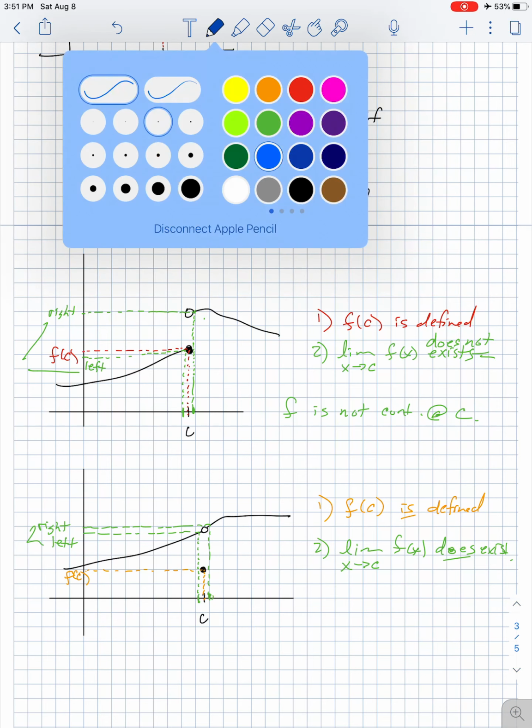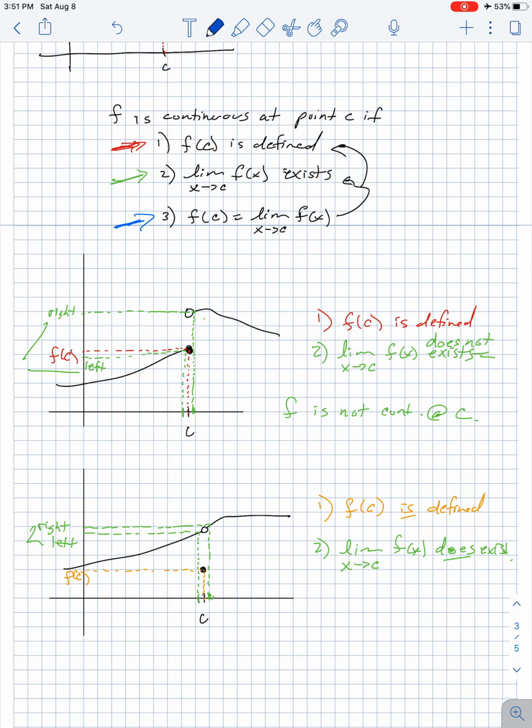Okay, so that leaves us the third step in the definition. Are these two equal? Does the first one equal the second one? Well, let's look. This is the first one. That's f of c. That's this value. And this one's the second one. That's the limit.